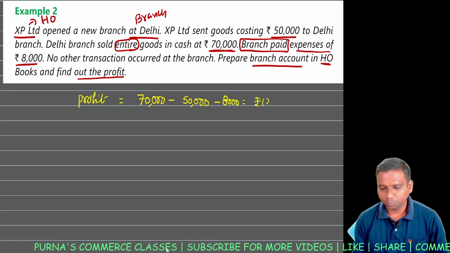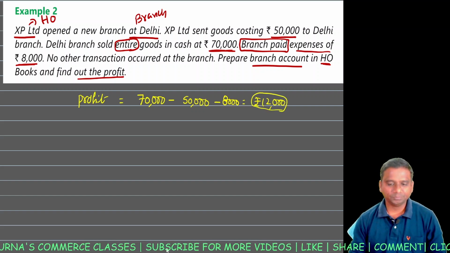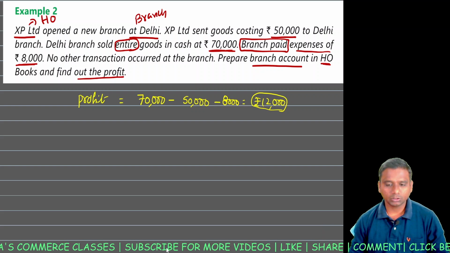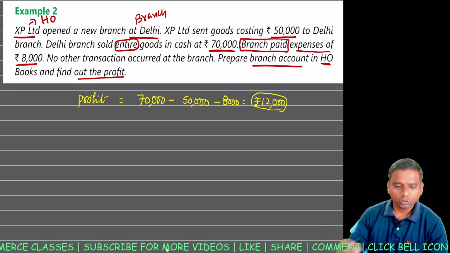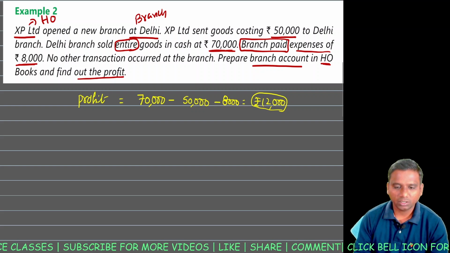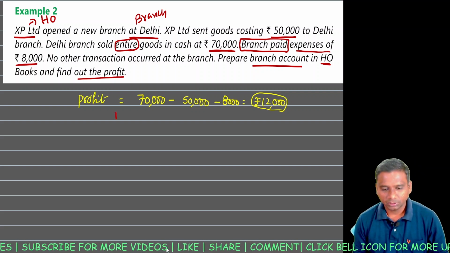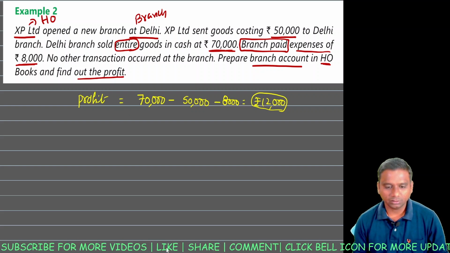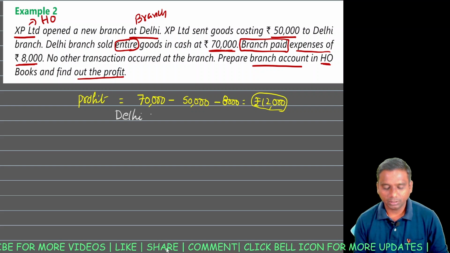So what is your profit? 12,000 is your profit. So the same, how do we calculate by preparing branch account? That is the question that comes. So prepare Delhi branch account.